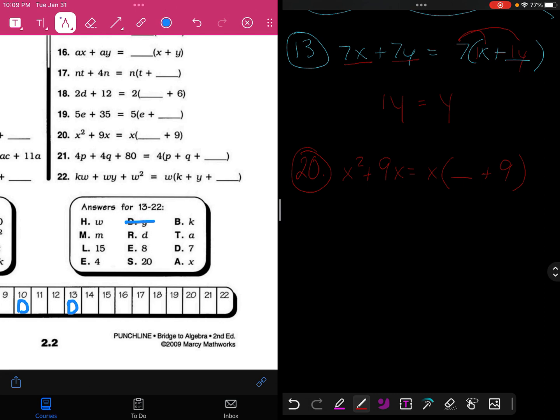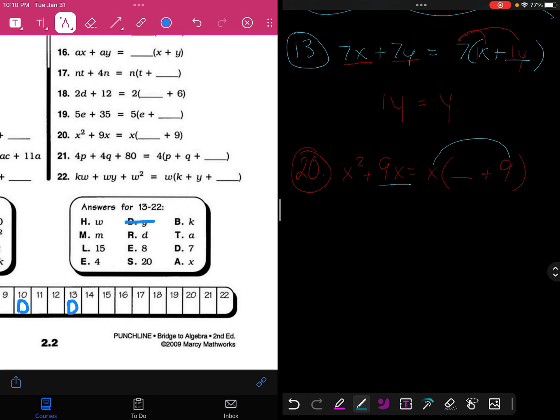Our steps are still the same. So what we're doing for this is, let's do the back part first, just so we can get into this. If we're thinking 9x times 9 is going to give us the 9x.